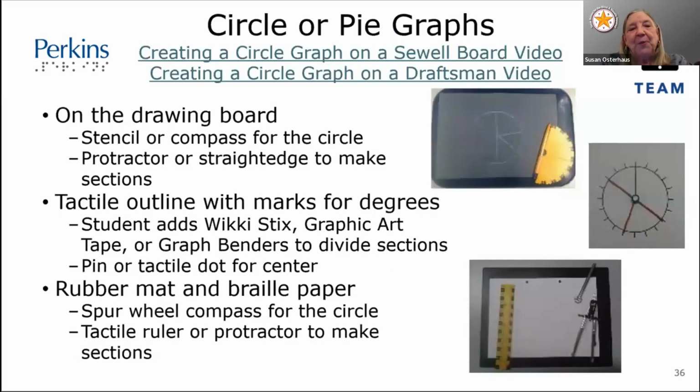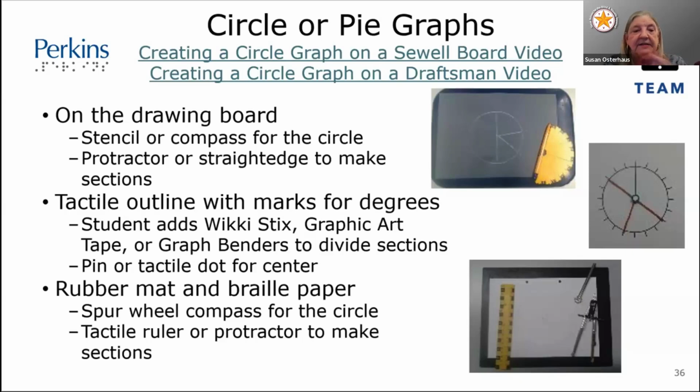And then we have circular pie graphs. I've got a video on creating a circle graph on a Sewell board, or creating it on a Draftsman. We're just showing you some pictures of how to do that on the drawing board. We have a stencil or compass for the circle, and a protractor or straight edge to make sections. Then we have a tactile outline with marks for degrees.